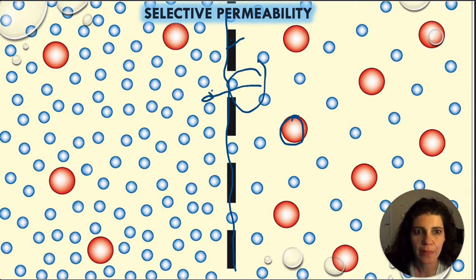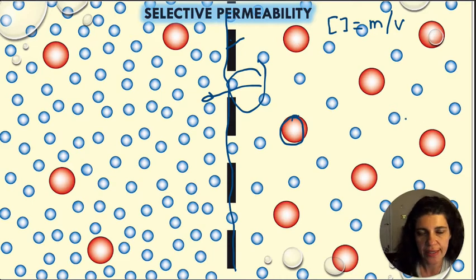Okay, so what happens? How can we equilibrate these two sides? So first, what's equilibrium here? We're talking about concentration, right? Concentration is what? Mass per volume, right? What is the mass here? The red molecules, whatever they are. What's the volume here? Water, right?